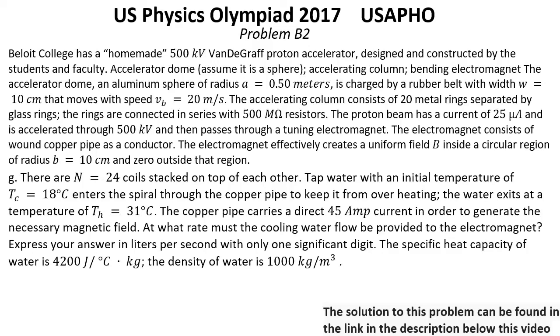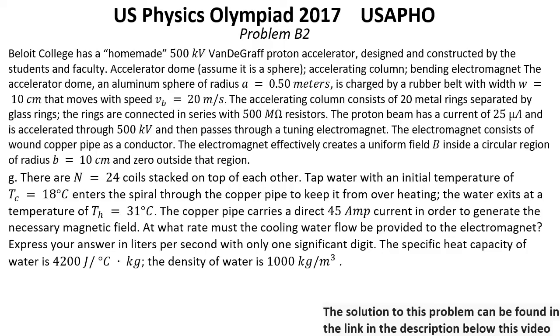The copper pipe carries a direct 45 ampere current in order to generate the necessary magnetic field. At what rate must the cooling water flow be provided to the electromagnet? Express your answer in liters per second with only one significant digit. The specific heat capacity of water is 4200 joules per degree Celsius per kilogram. The density of water is 1000 kg per cubic meter.